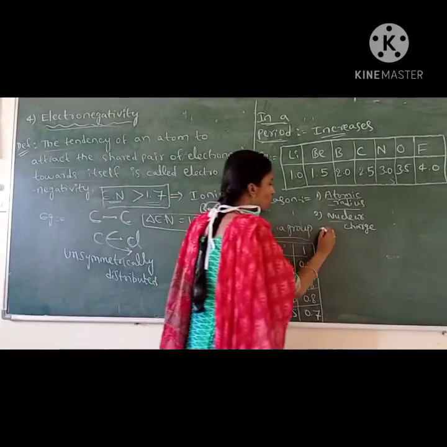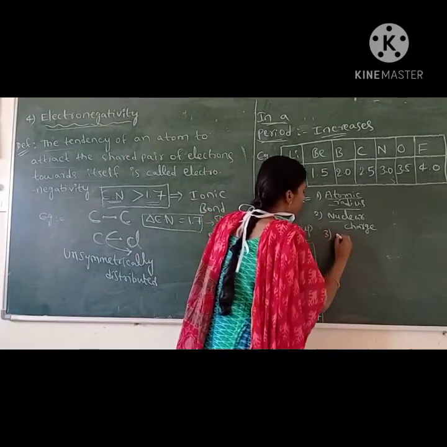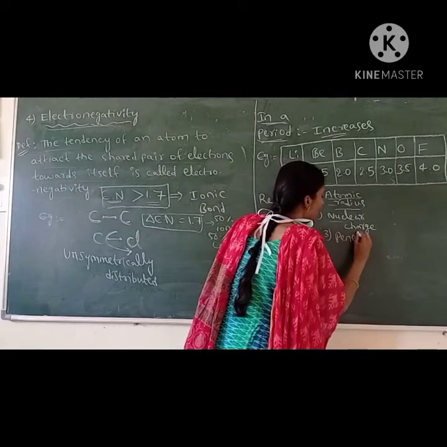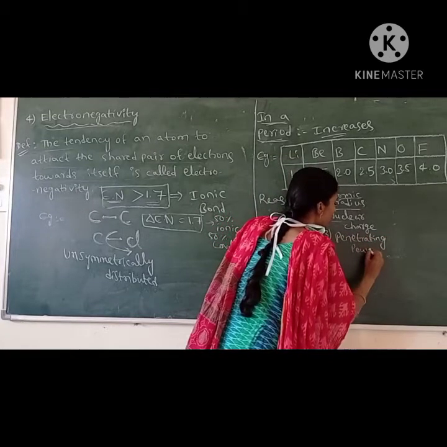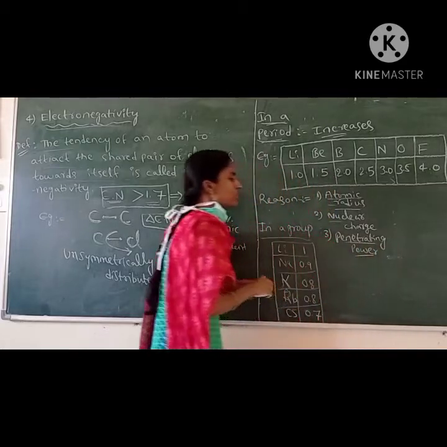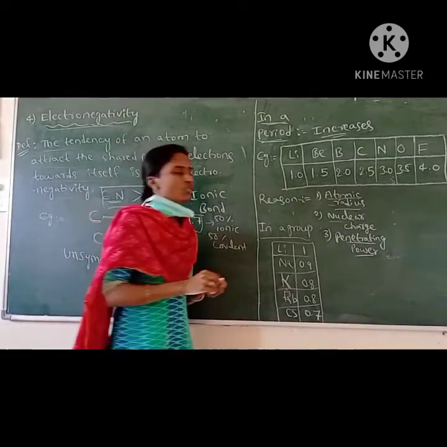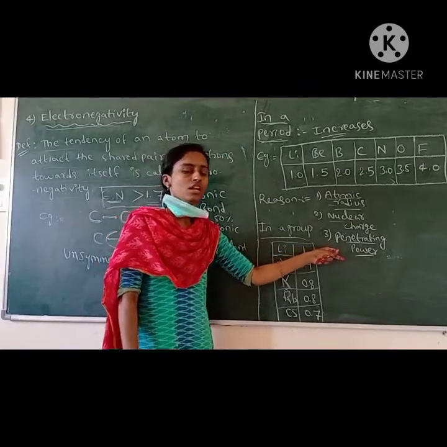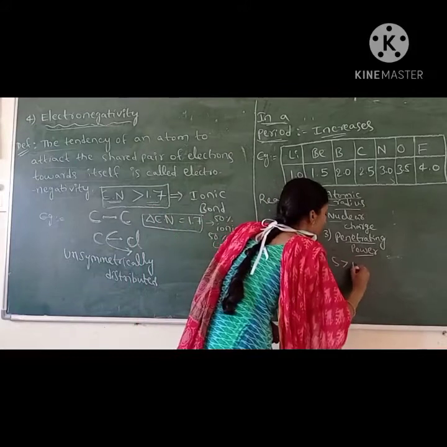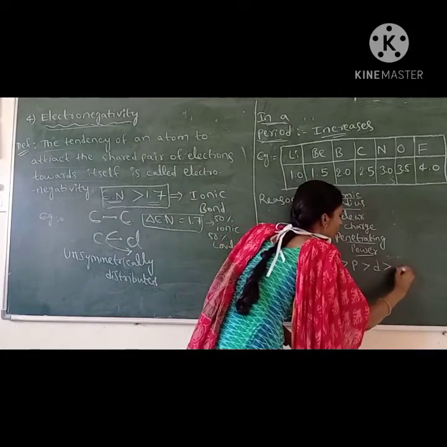And here also penetrating power. Penetrating power also affects the electronegativity. Penetrating power means closeness to the nucleus. So the s orbital is closer to the nucleus than the p orbital, then the d orbital, followed by the f orbital.